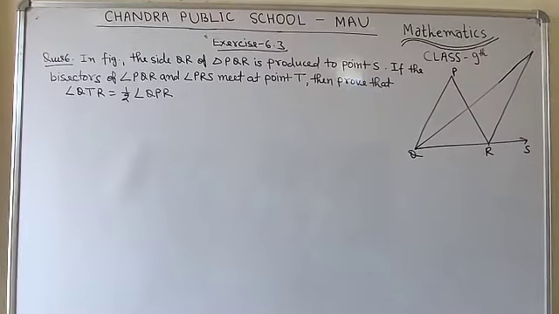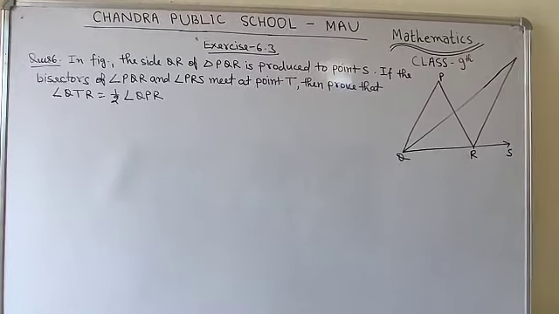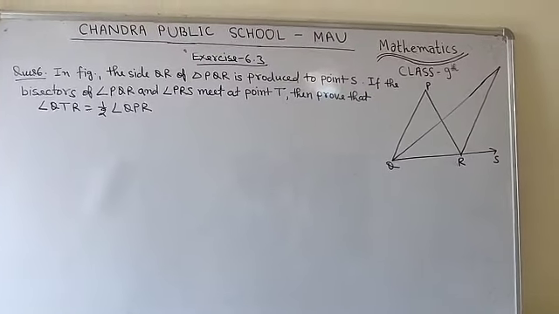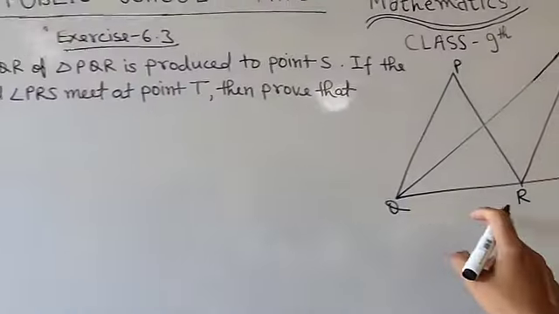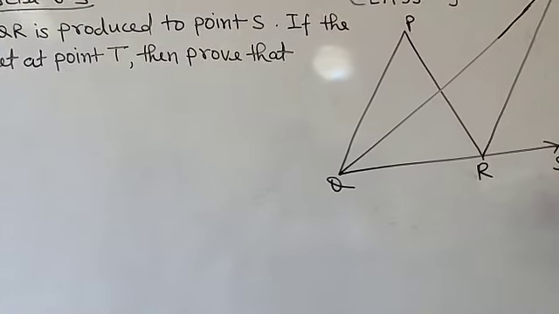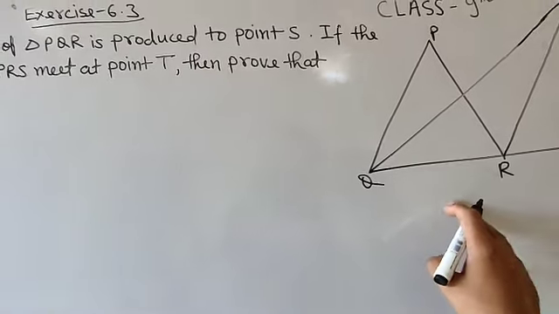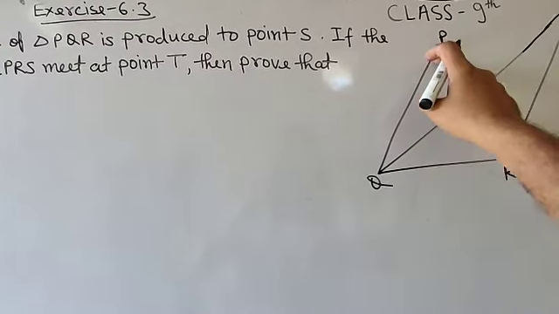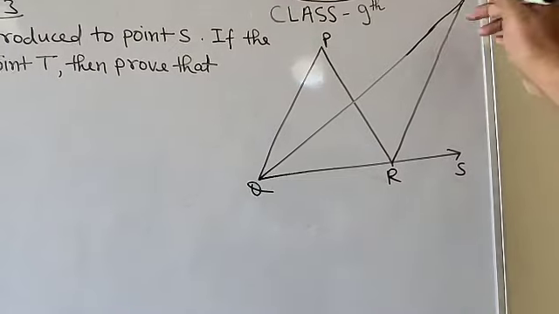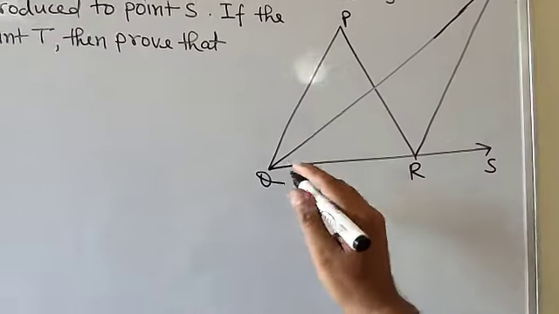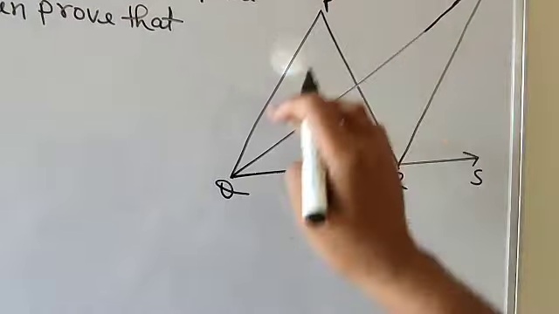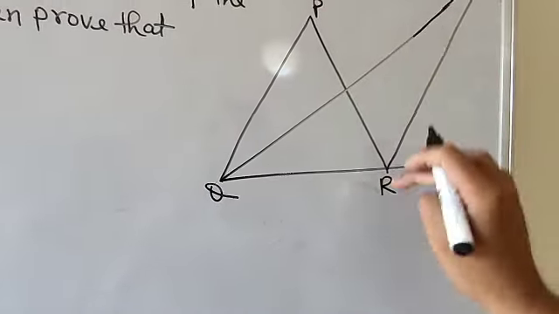So now students, here it is the last question of exercise 6.3. In the given figure, side QR of triangle PQR is produced up to point S. If the bisectors of angle PQR and angle PRS meet at point T, here it is the point T, it means QT and RT are the bisectors of angle PQR and angle PRS.